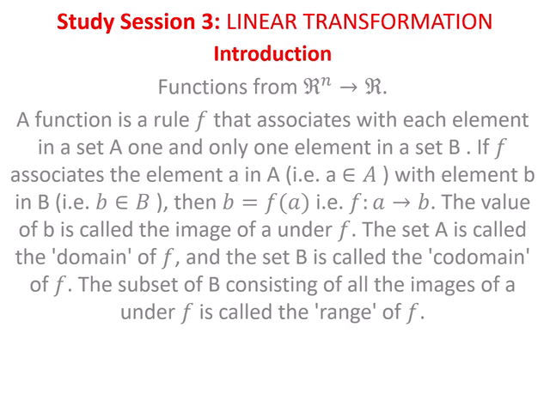If f associates the element small a in capital A, that is, small a is a member of A, with element b in capital B, what does that mean? It is saying that small b is a member of capital B, an element from the whole set B. Then b is equal to f of a.